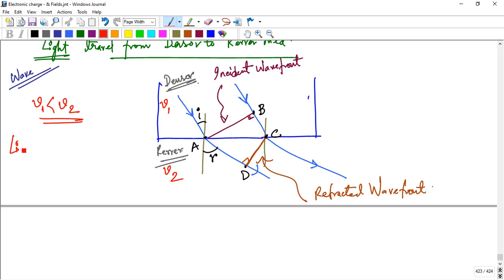So light travels from denser to rarer medium.